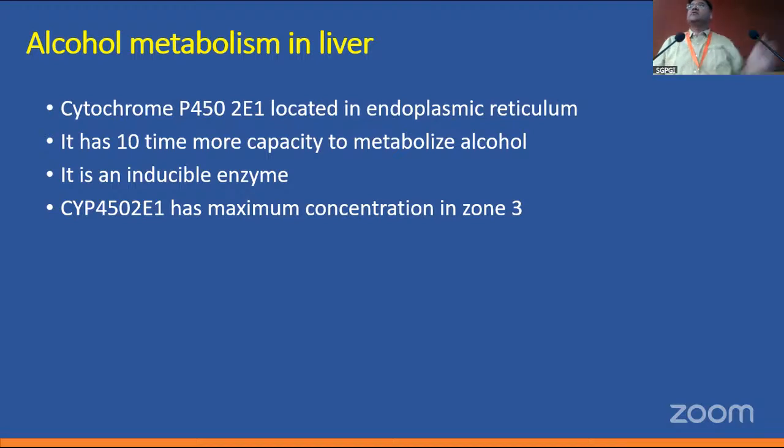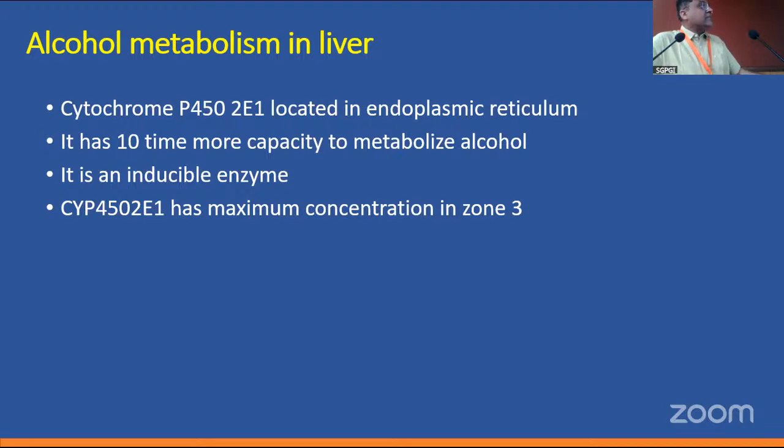But this is an inducible enzyme, and it has 10 times more capacity to metabolize alcohol. So those who are taking a high quantity of alcohol for a long time, this enzyme gets induced and their metabolizing capacity is increased. That's why patients get used to alcohol, and with a small amount of alcohol, they don't develop that much of sensational changes, right? So which causes addiction.